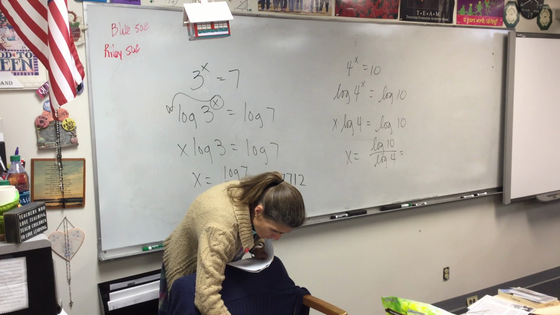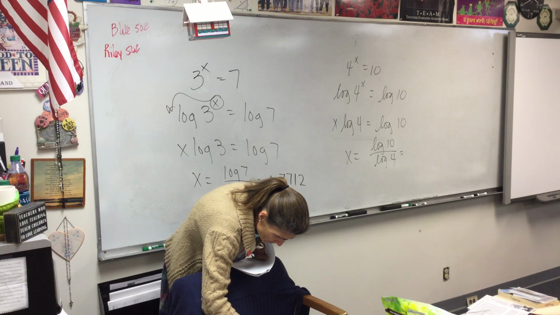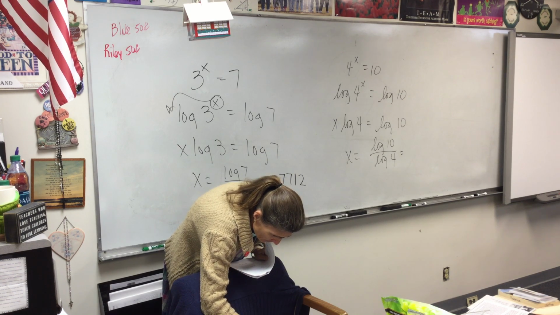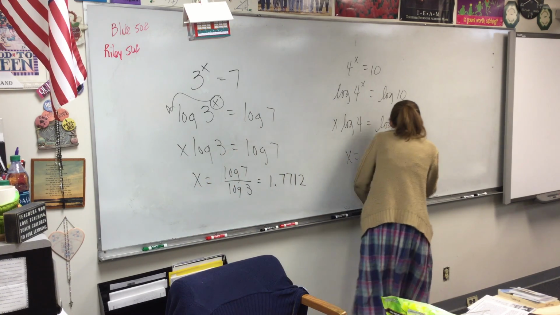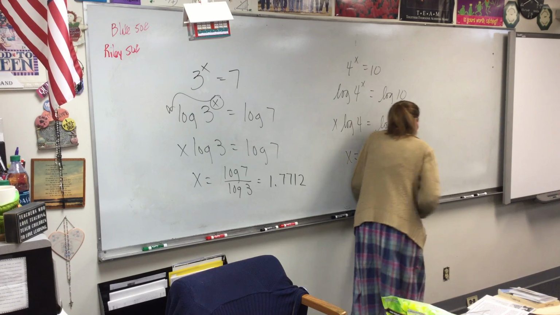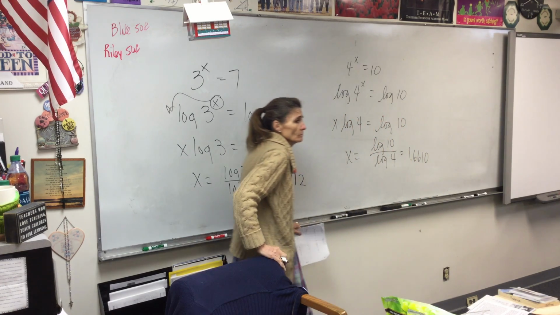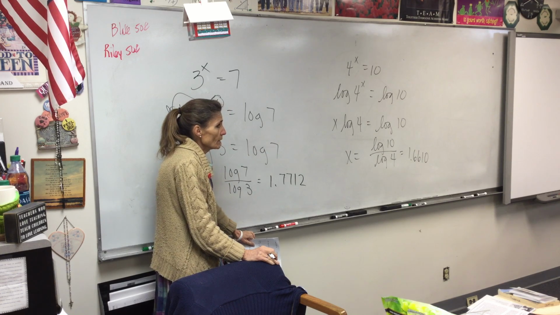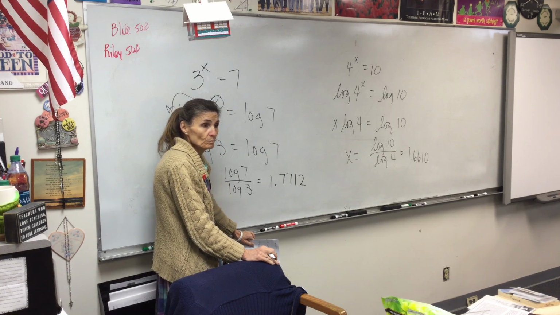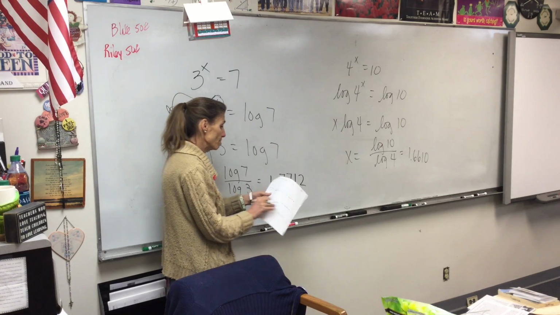What did you come up with? 1.66096447. Yep. So maybe 1.6610 if we rounded it off. Okay, so we got that? All right.